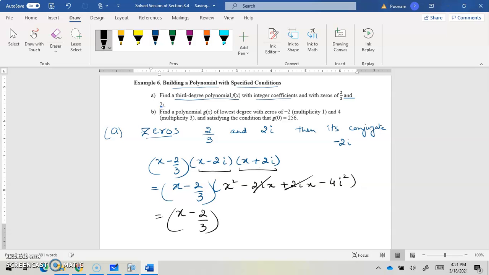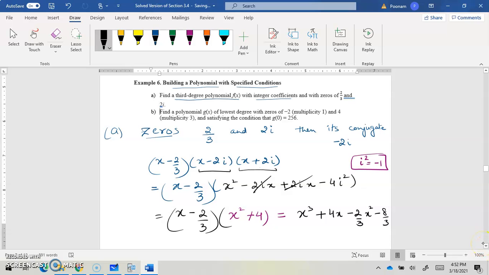This cancels, and for your reminder, i square is always -1. Use that. So we will have x square plus 4. You can simplify it further by distribution. You will have x cube plus 4x minus 2/3 x square minus 8/3.